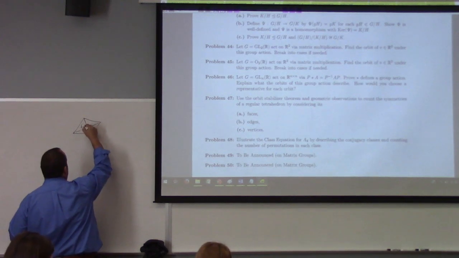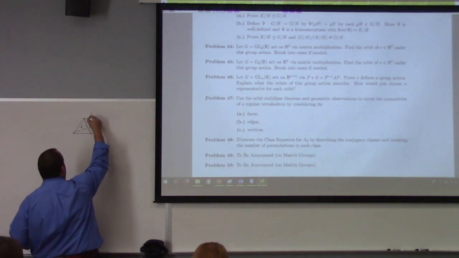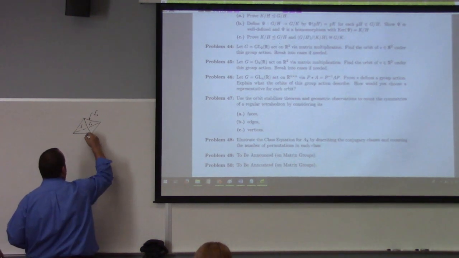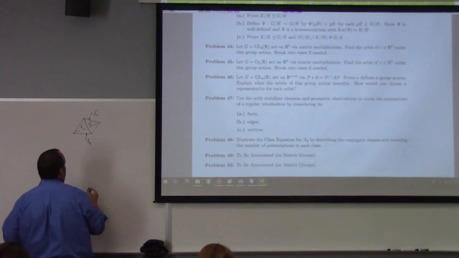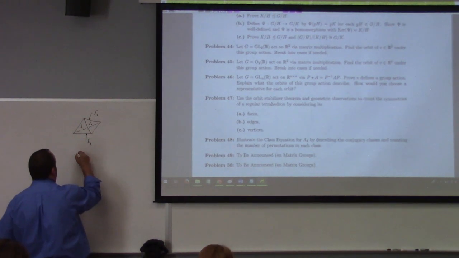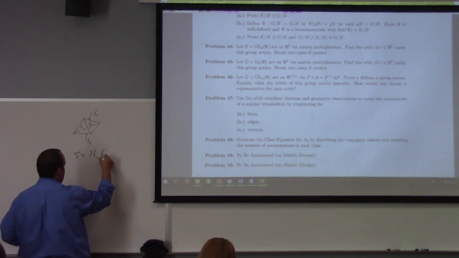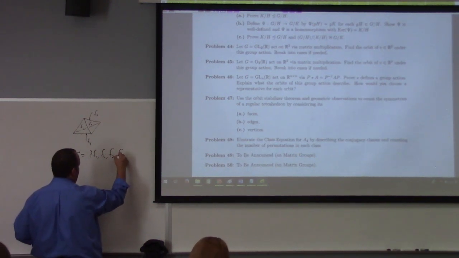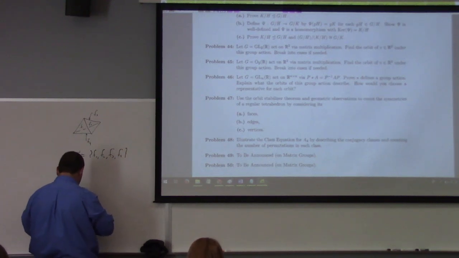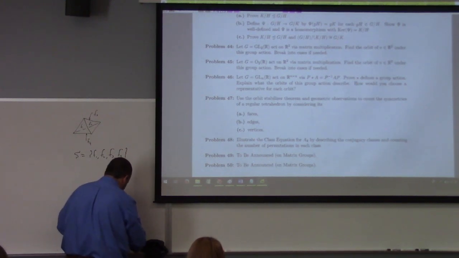So we've got face 1, face 2 on the back side, face 3 on the bottom, face 4. And so the set of faces, F1, F2, F3, and F4.